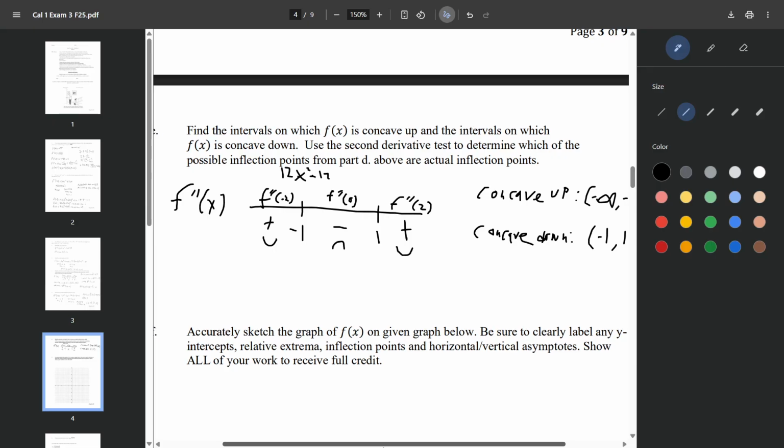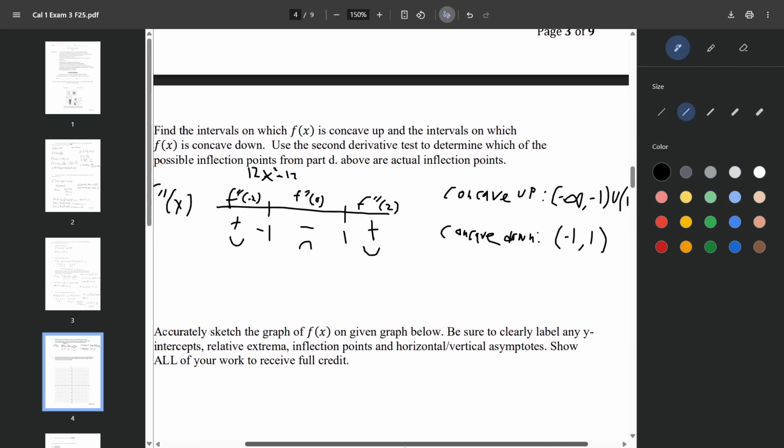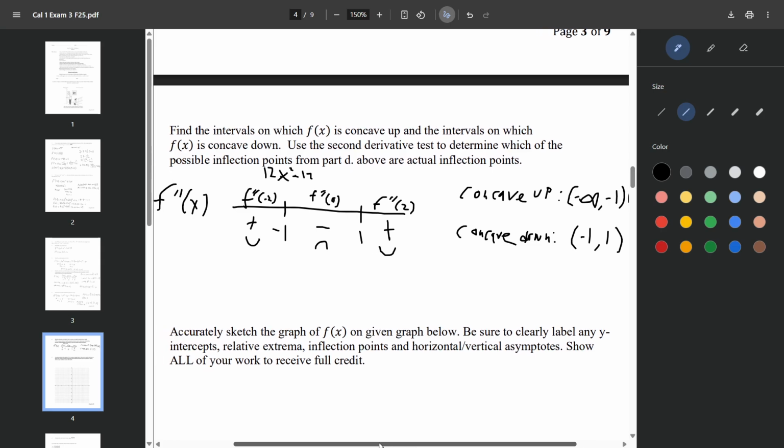From what I could tell, it seems that both at -1 and 1 we have inflection points because our concavity shifts at every interval.